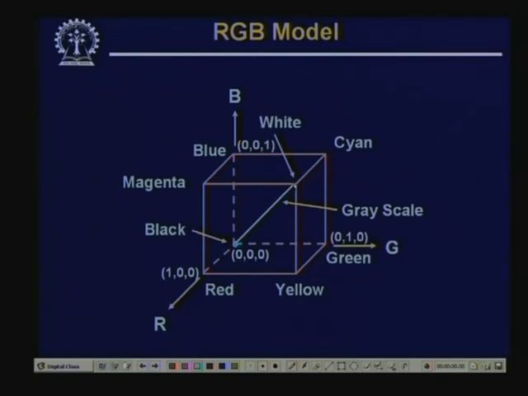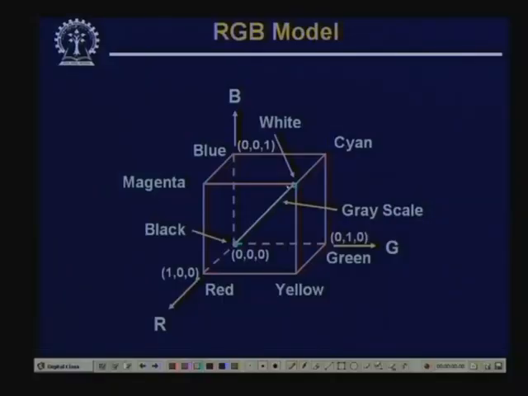Similarly, the furthest vertex from this black point or the origin, where the red component is equal to 1, green component is equal to 1 and blue component is equal to 1, means all these three primary colors are mixed in equal proportion, and this point represents white. The red color is placed at location 1 0 0, where the red component is equal to 1, green component is equal to 0 and blue component is also equal to 0.